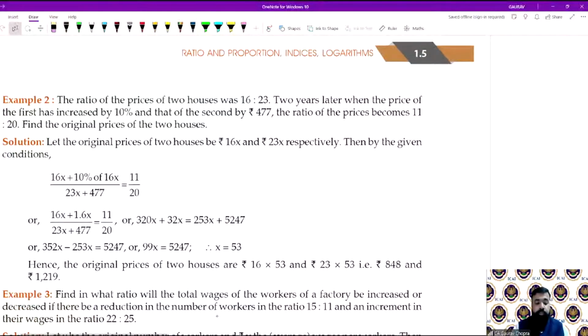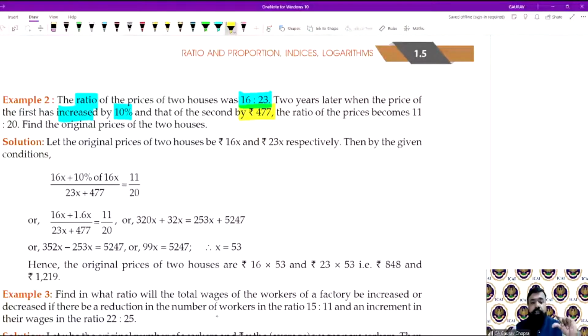Both are the same. Now, in this next example, example number 2, it says the ratio of prices of two houses was 16:23. Two years later, the price of the first house increased by 10%, and the second one by rupees 477.